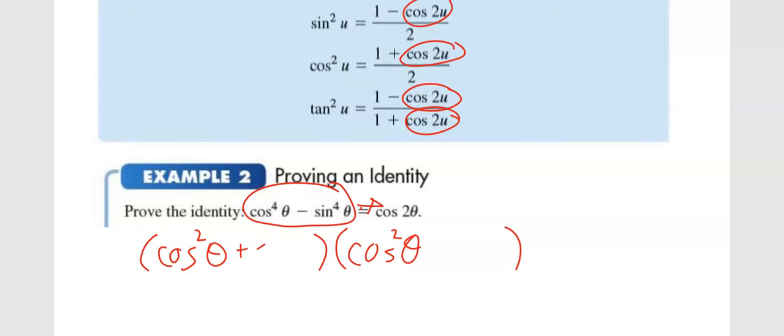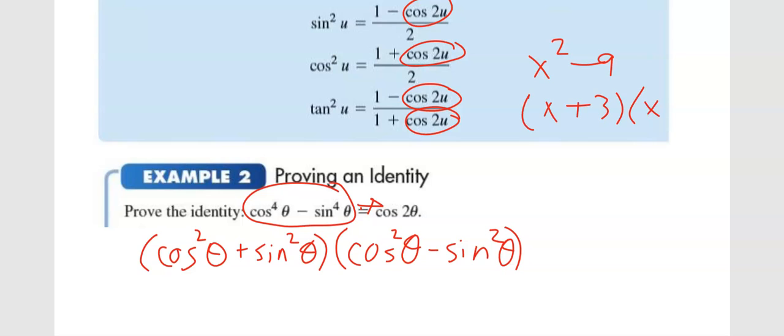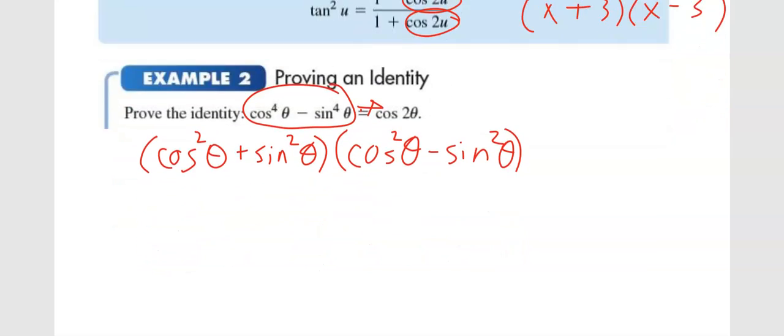You got a plus sine squared theta? Sure. And a minus sine squared theta. Hey, look at that. We took the square root of each. One's a plus, one's a minus. No different than what you just told me seconds ago with the whole x squared minus 9 thing, where we did x plus 3, x minus 3. We're just applying that same knowledge, just doing it with something bigger and trigonometrically.